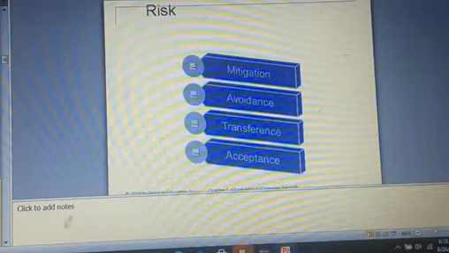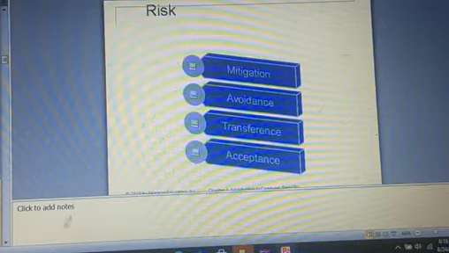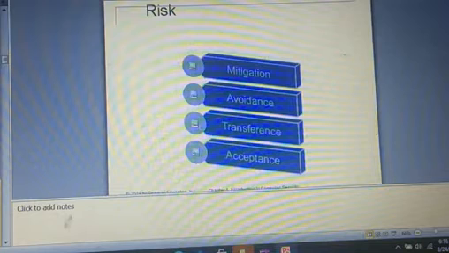So acceptance is when a business, a company, or an individual accepts or knows beforehand that the potential loss that could happen should a risk or a threat take place would not be great enough to warrant spending money to avoid it in the first place.